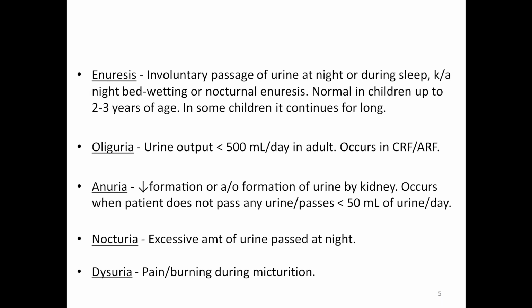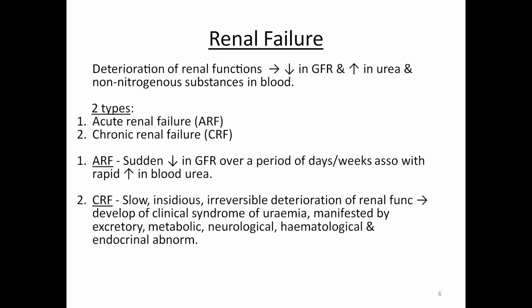Then nocturia is excessive amount of urine passed at night, and dysuria is pain or burning during micturition. These three terms, polyuria, oliguria, and anuria, are almost always asked during the viva of the renal system. So be clear about their definitions.